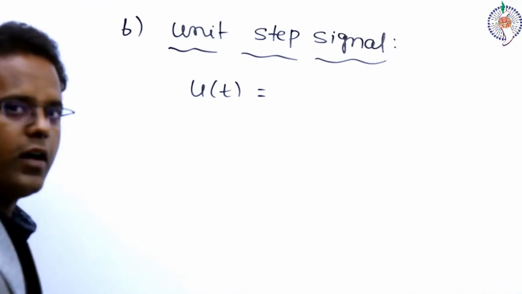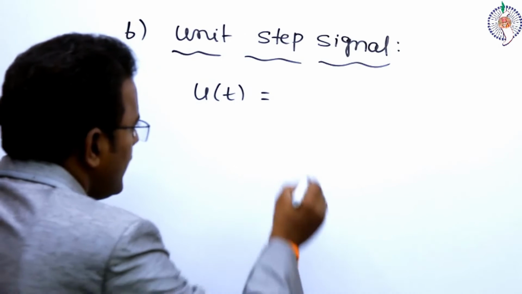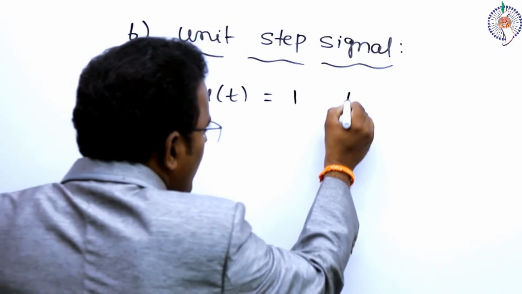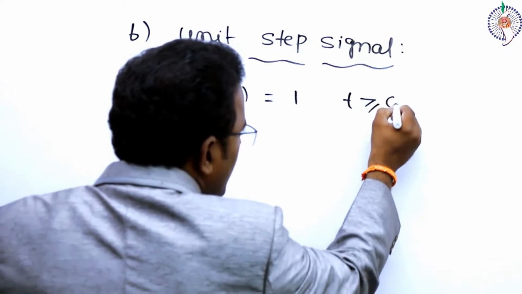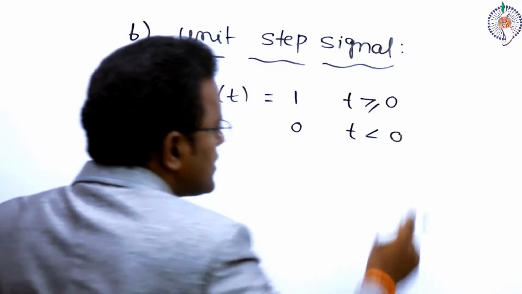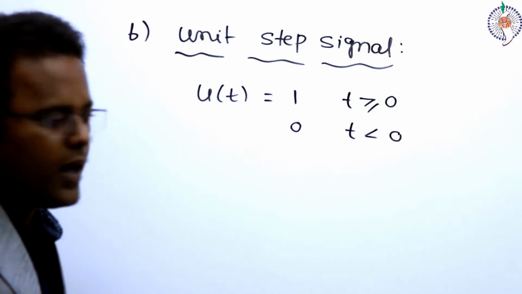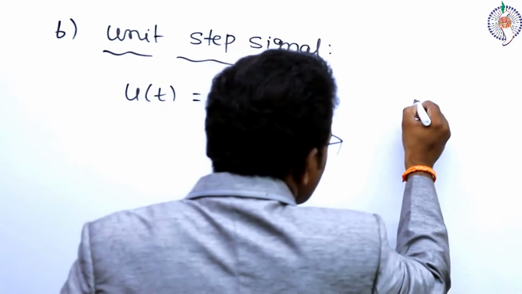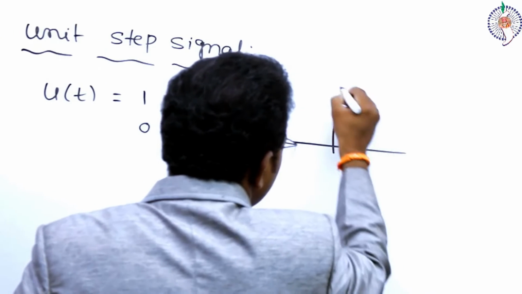The definition for u of t is, students, its value is 1 when the argument is greater than or equal to 0, and 0 when the argument is less than 0. I will draw the graph; you will get still more clarity over that.